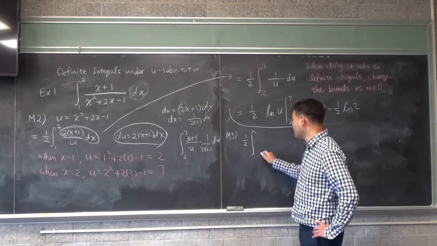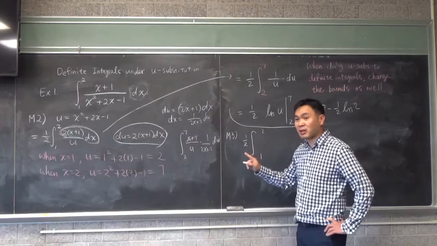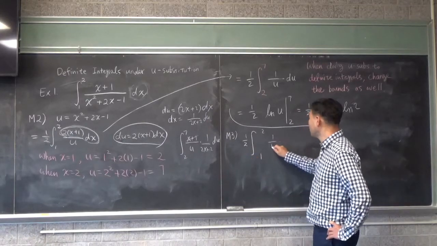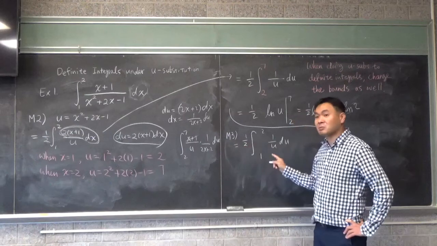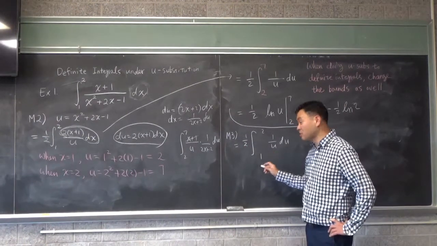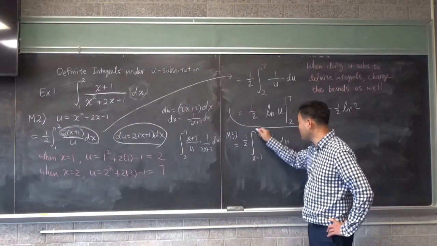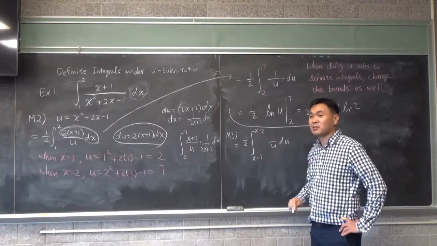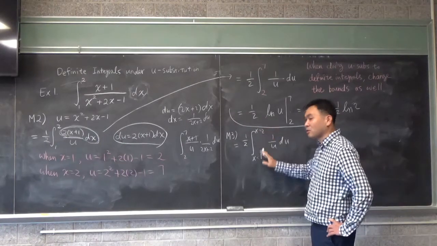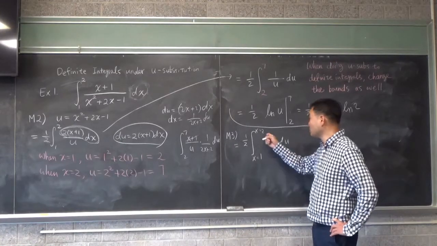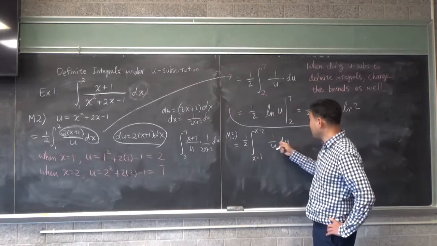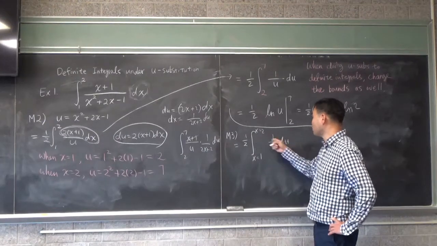They say, oh, I still want 1 and 2. But for that to be correct, this would be wrong, but you can still make this correct. The correct way to write this is to say x equals 1 and x equals 2. Then it's not wrong because you're still saying these are values of x, not u. If you don't have these, it's wrong because without x equals, it means the value of u, which is not true.